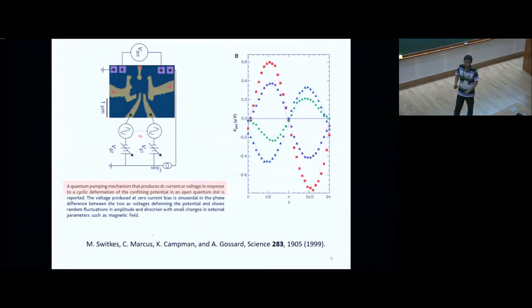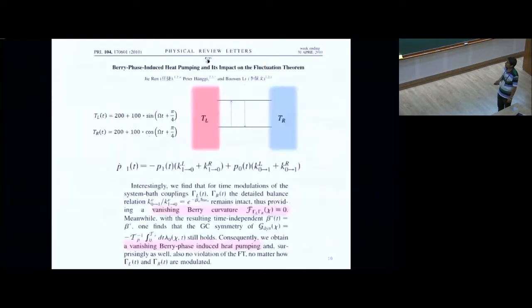So we naturally ask, okay, what will happen if you really change the couplings, right? Instead of this, do you see a similar effect or a different effect? So we were thinking about this, and at the same time we found a paper by Hänggi. He showed in 2010 the Berry phase effect, but in his case it was a thermal bath coupled with a two-level system.